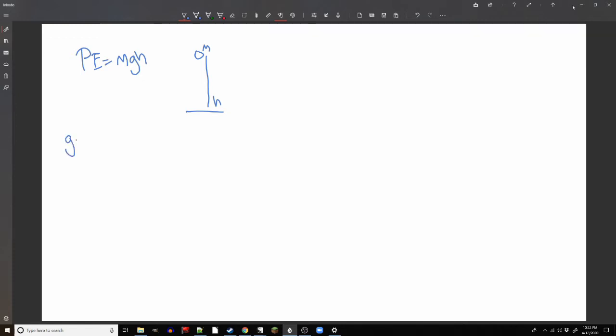Little g, the acceleration of gravity, is equal to big G times m over r squared. Remember, the m is the mass of the planet, probably in our case, or really whatever object is doing the gravitating. The r is your distance from the center of that object or planet. And big G here is not the same as little g. It's the universal gravitational constant.